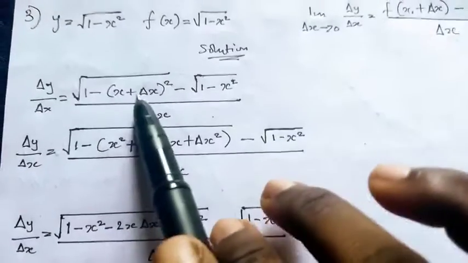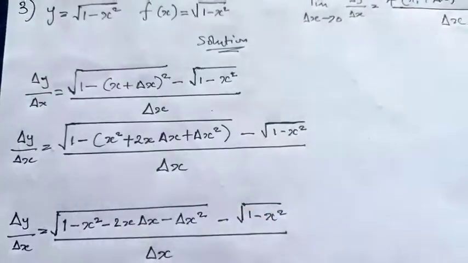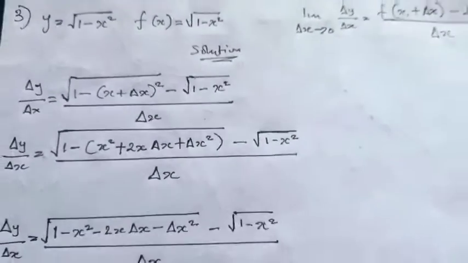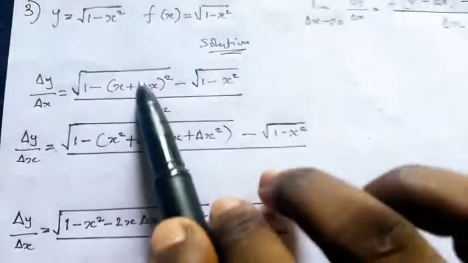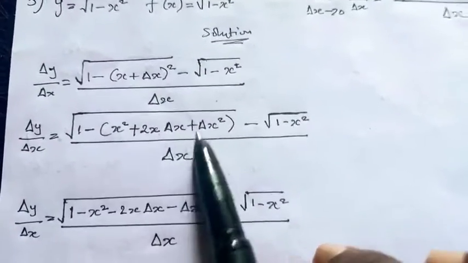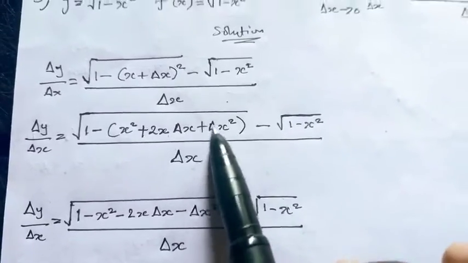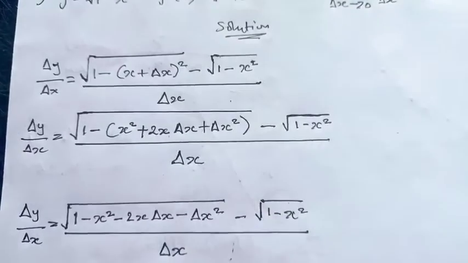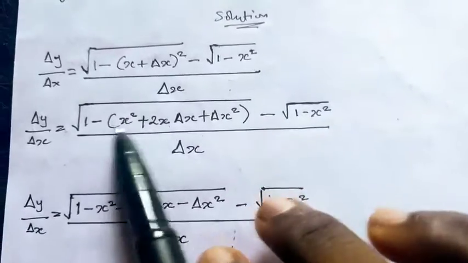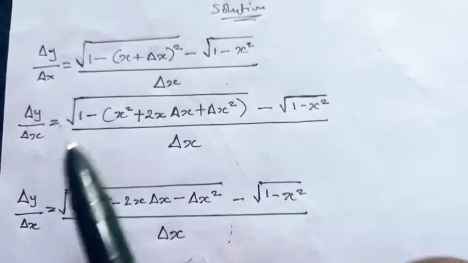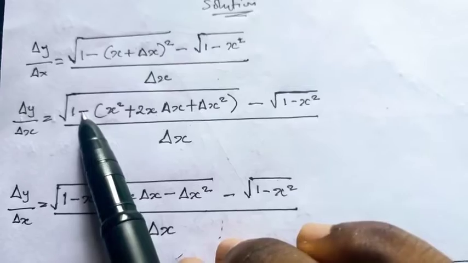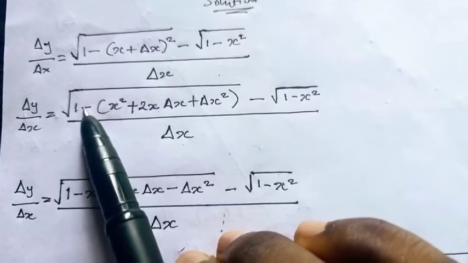Now from here I expand this, which I did in the second example, and when you expand this you get x squared plus 2x change in x plus change in x squared. I have left it in a bracket because when you are working with negative signs you have to be careful how you simplify.